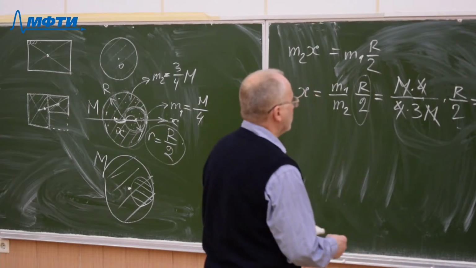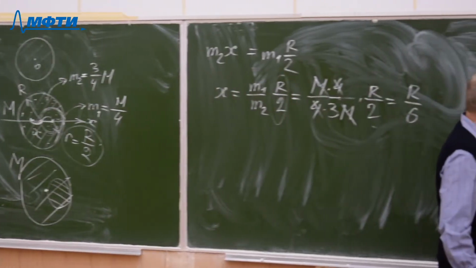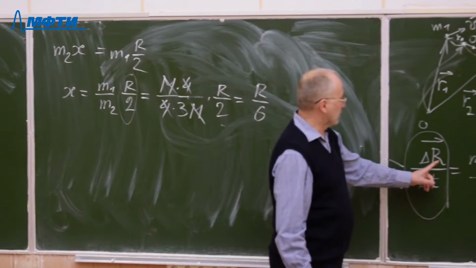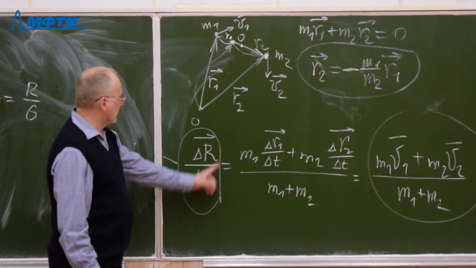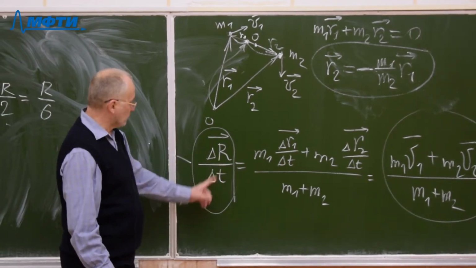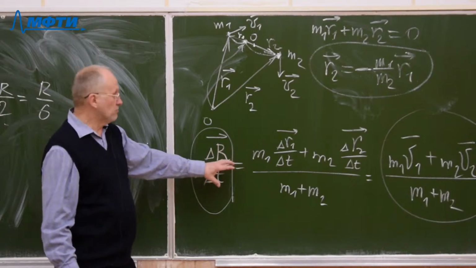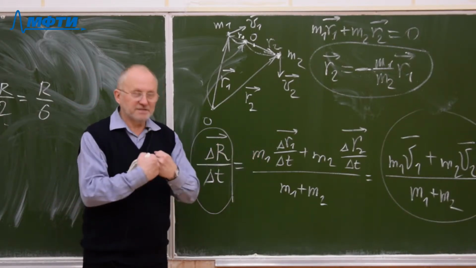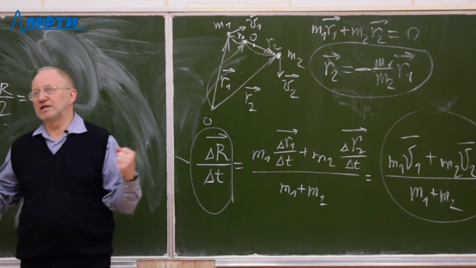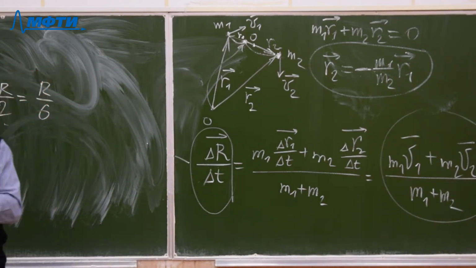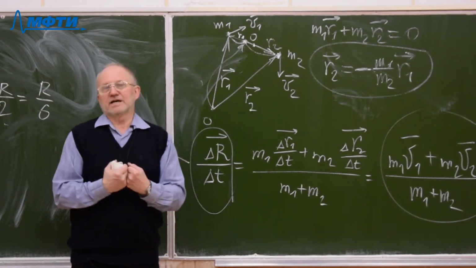So again, the center of mass as defined by vector r, and the rate of change of this center of mass, the velocity of the center of mass, is the velocity of two particles which collided and stuck together to form a compound particle. And such a collision, when the two particles stick together, is called an inelastic collision.